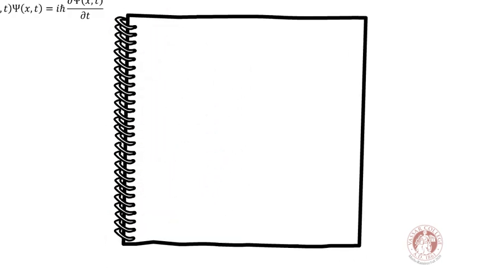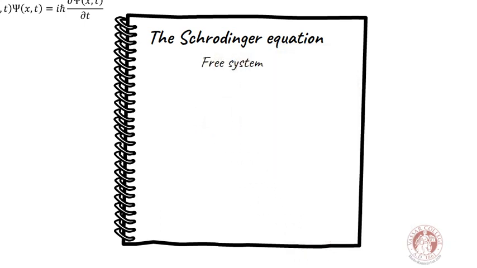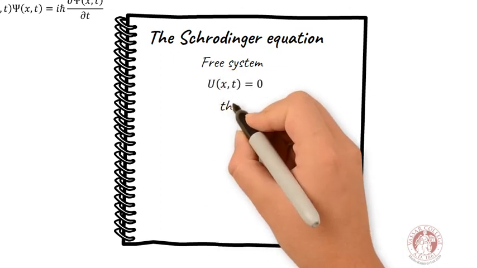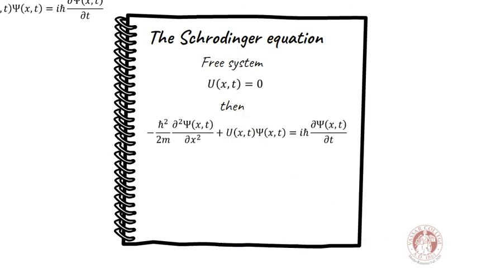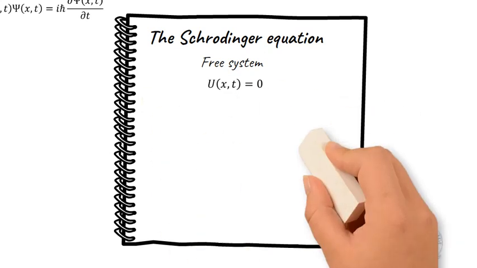Now, let's focus on the solutions that the Schrödinger's equation accepts. In order to simplify our discussion, we can solve the case in which the quantum system is free, meaning the potential is zero. As we saw before, in such a case, the Schrödinger's equation is written in this way.